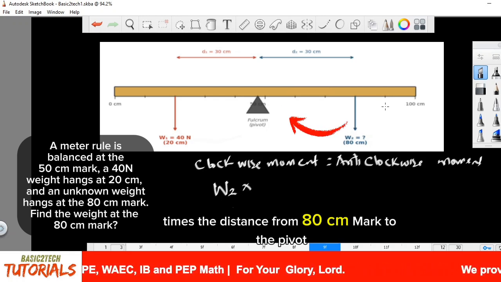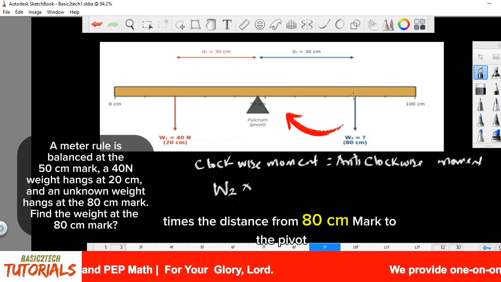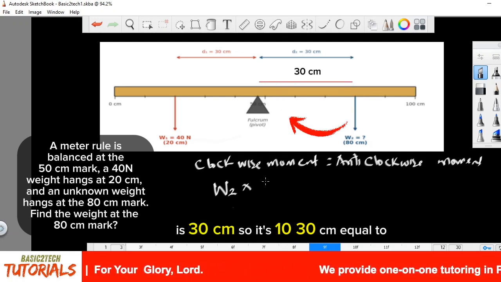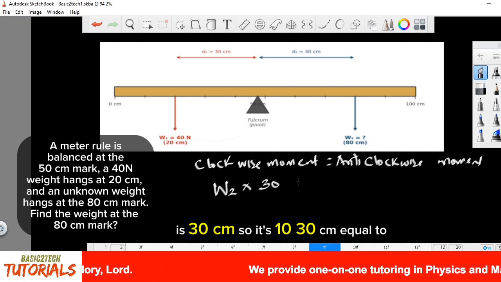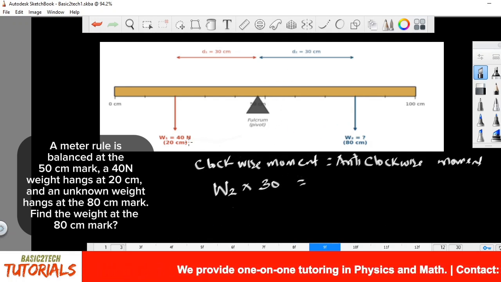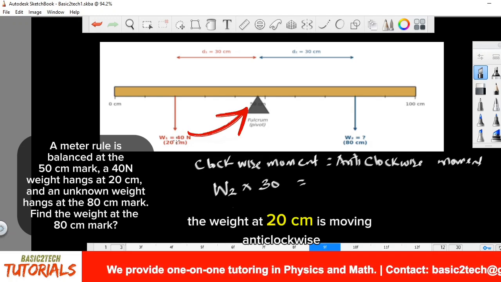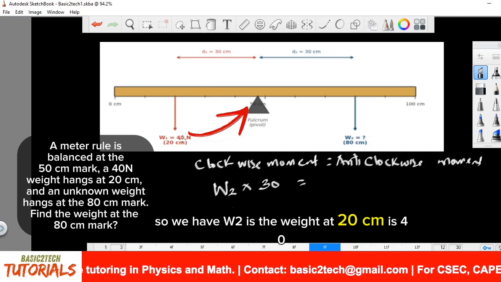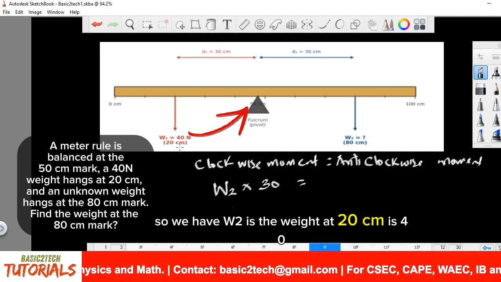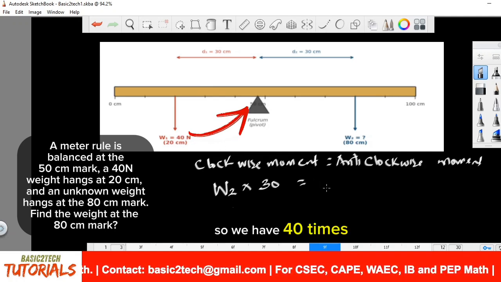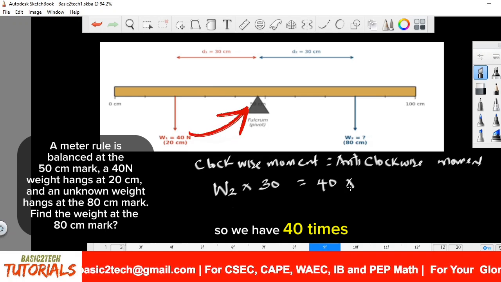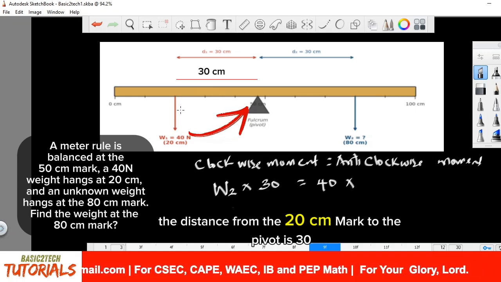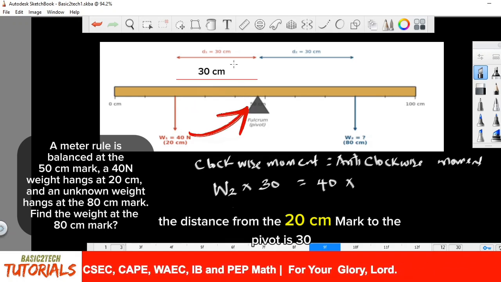times the distance from the 80 cm mark to the pivot, which is 30 cm. So it's 30 cm, equal to the weight at 20 cm moving anti-clockwise. The weight at 20 cm is 40. So we have 40 times the distance from the 20 cm mark to the pivot, which is 30.